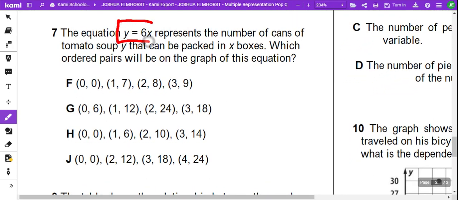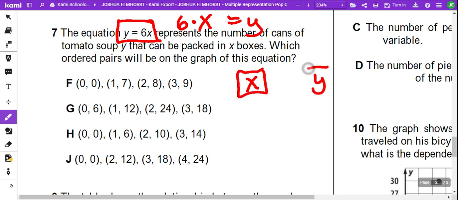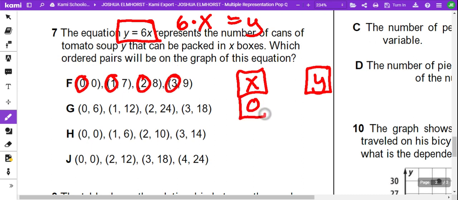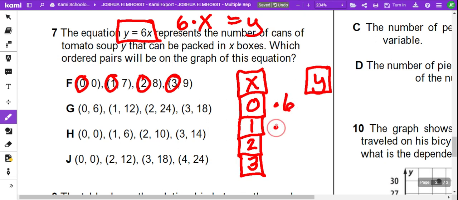Okay, so use the equation. All right, 6 times x, and that's going to equal y. So we can start with x and y, and we can look at 0, 1, 2, 3 for x, and each one of these we're multiplying by 6.